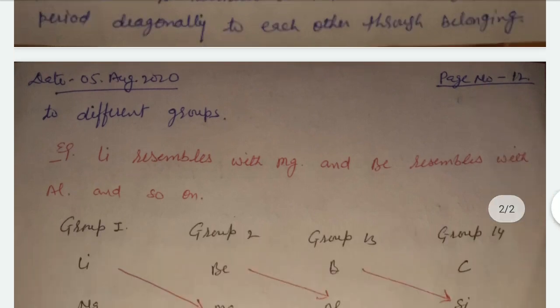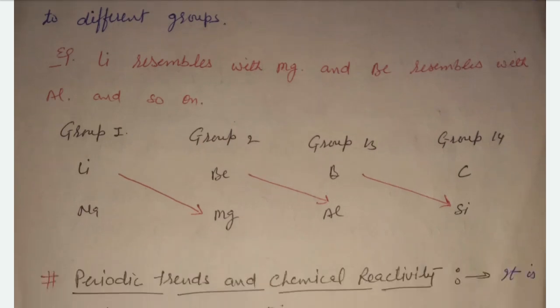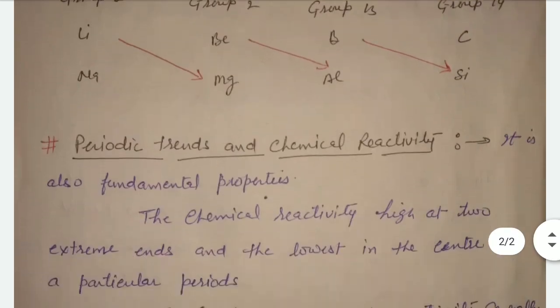For example, lithium resembles magnesium, beryllium resembles aluminum, and boron resembles silicon. This indicates that lithium has similar properties to magnesium, beryllium to aluminum, and boron to silicon.